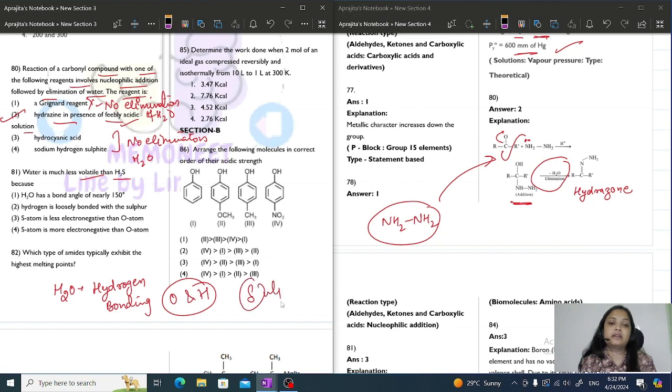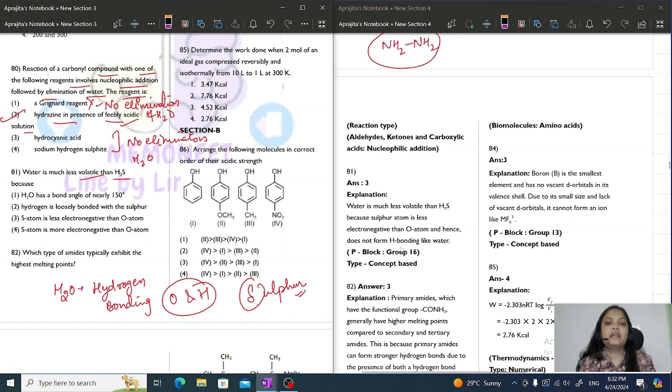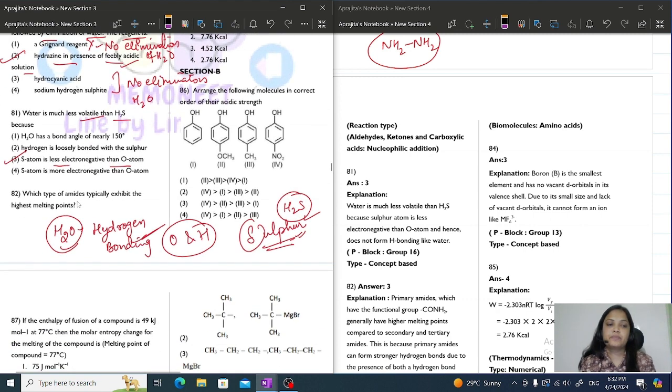But sulfur atom is actually less electronegative than oxygen, and it does not form hydrogen bonding in H2S. Because of hydrogen bonding, the water is less volatile than the hydrogen sulfide. So yes, the answer is option 3. Sulfur is less electronegative than oxygen, because of which it does not form hydrogen bond.